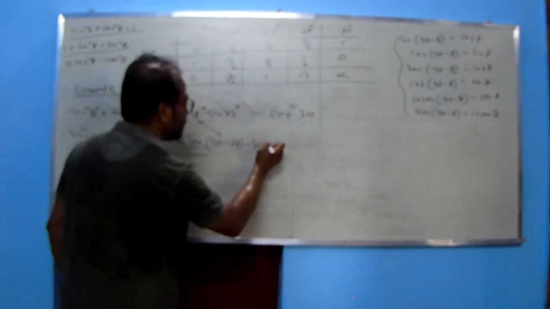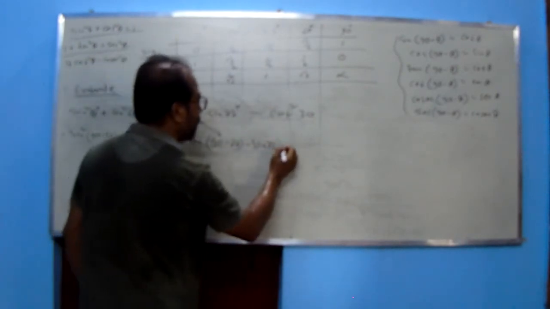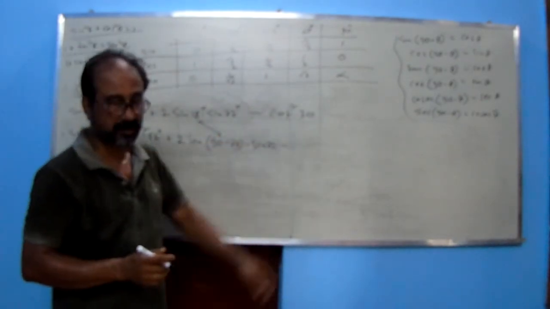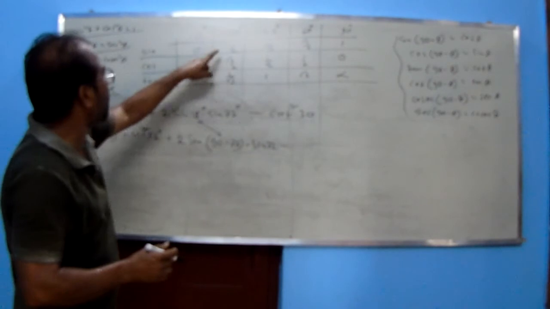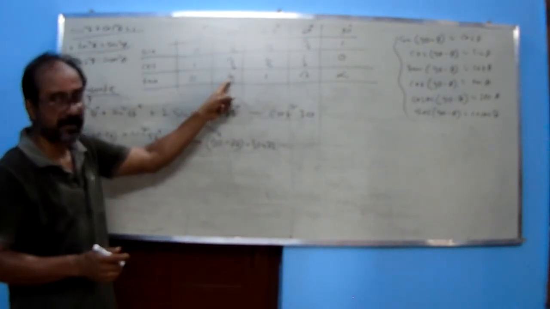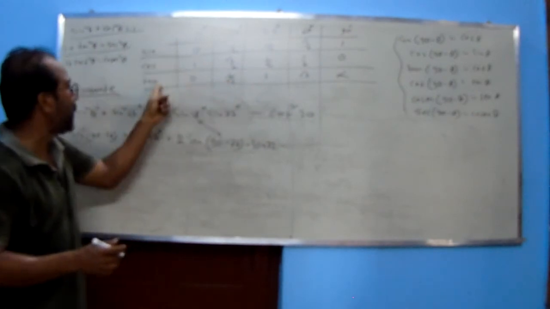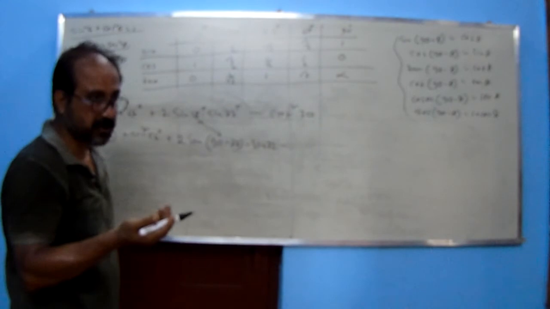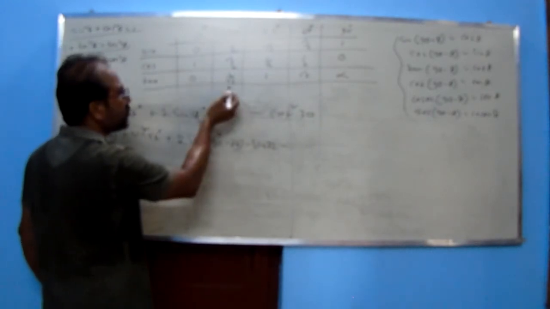Multiplied by sine 72 to remain as 72, minus cot square 30. What is the value of cot 30? Tan 30 value is 1 by root 3. 1 by tan means it is cot.